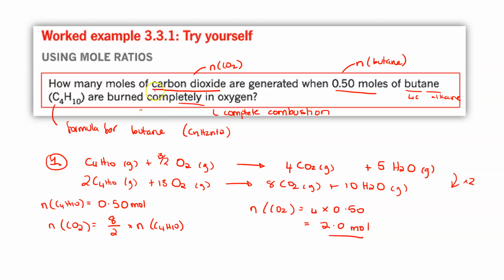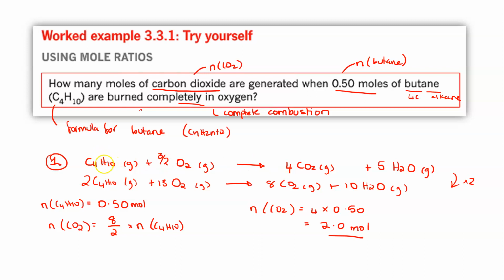So step 1 is to balance our complete combustion equation. It wasn't given this time. So we start off with C4H10 gas plus O2 gas going to CO2 gas and H2O. Then I always start by balancing my carbons. So we have C4 on the left-hand side, which means we will have 4 CO2 on the right-hand side because the carbon can only go to CO2.